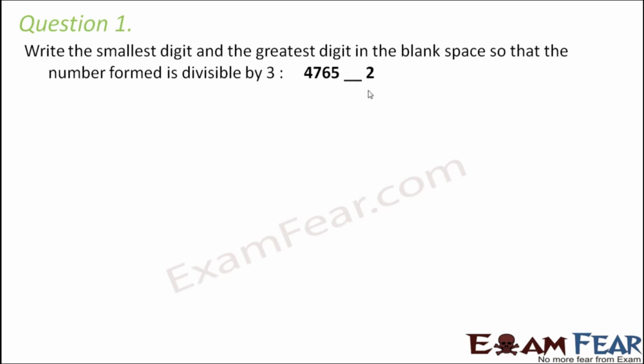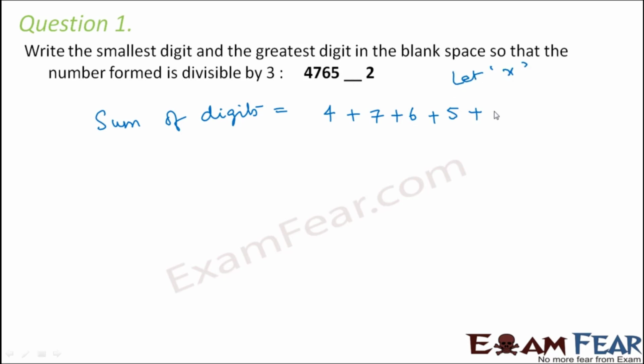So for this number to be divisible by 3, the sum of its digits, 4 plus 7 plus 6 plus 5 plus, let us say the blank space is x, plus 2. So we have to basically find out the value of x.